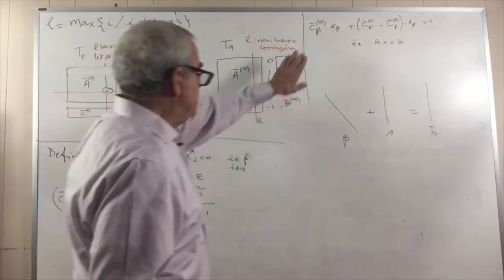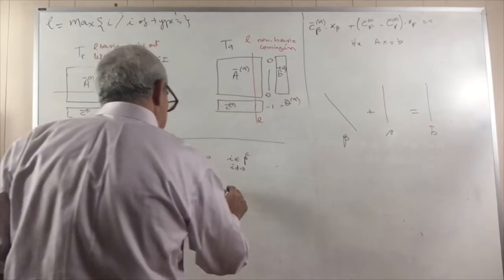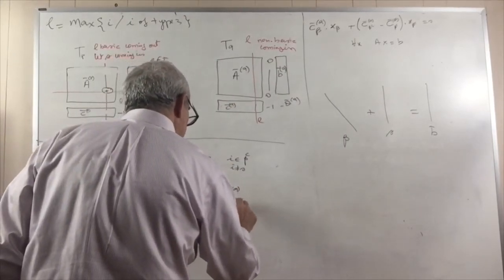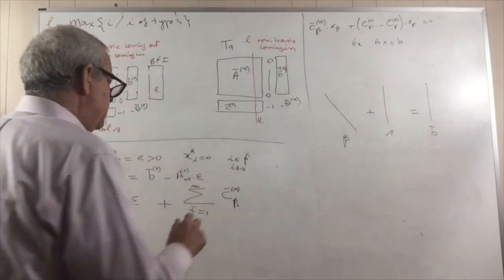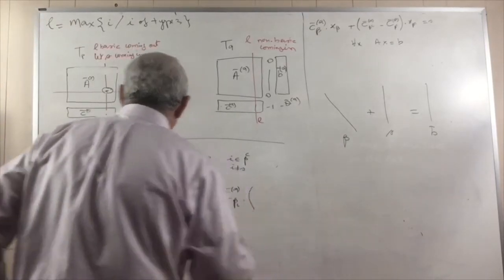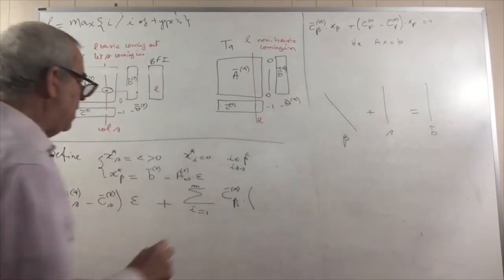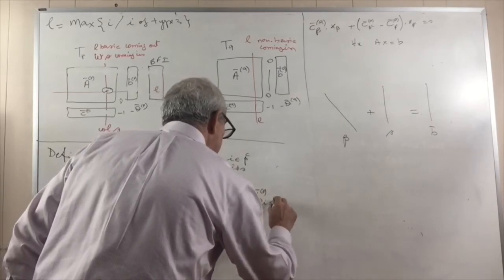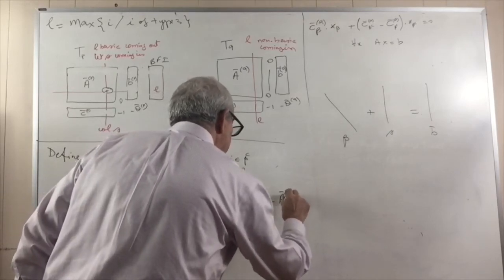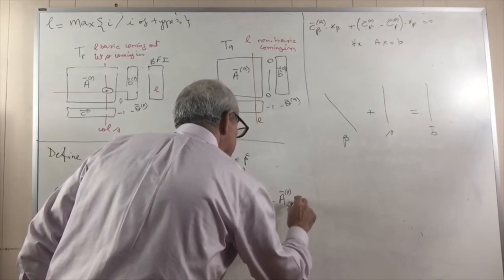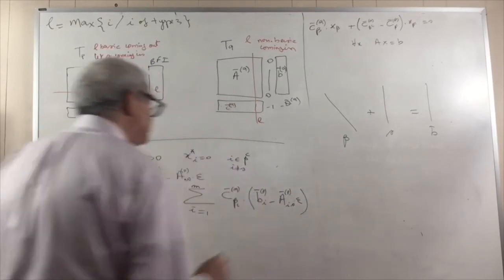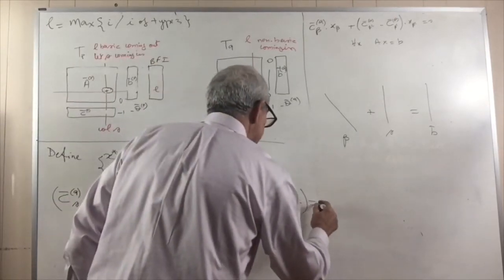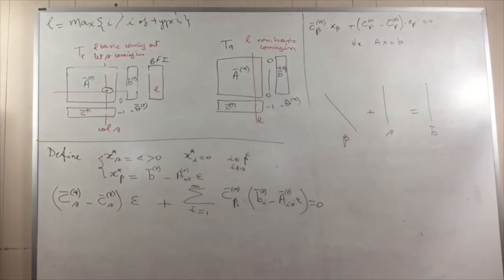I'm going to expand this one. So c bar of q beta I times x of beta I, which is this b bar of pi minus a bar of pis times epsilon. This is equal to 0 for this specific solution.